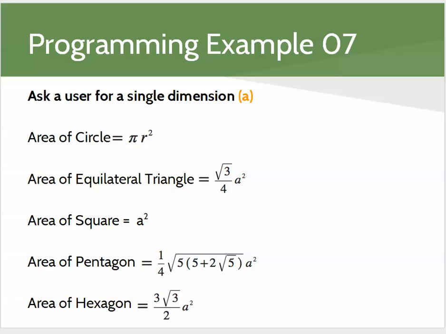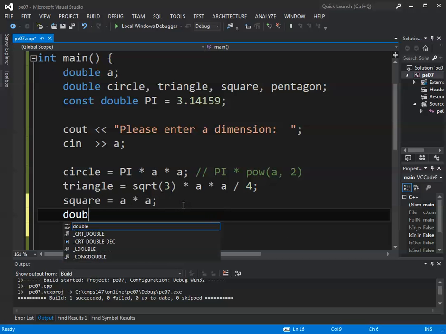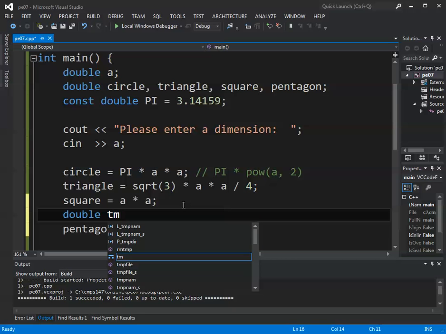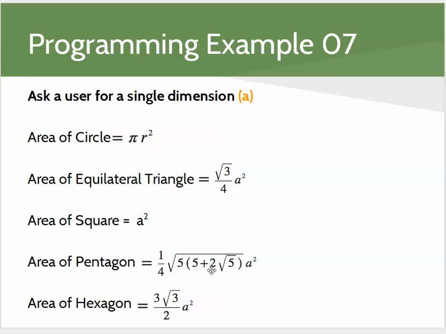Multiplied by the square root of a big term. Right? And so let's go through and look at that. Let's actually calculate that out first. So it's 5 times 5 plus 2 times the square root of 5. So I'm going to create a temporary variable. Make it 5 times 5 plus 2 times square root of 5.